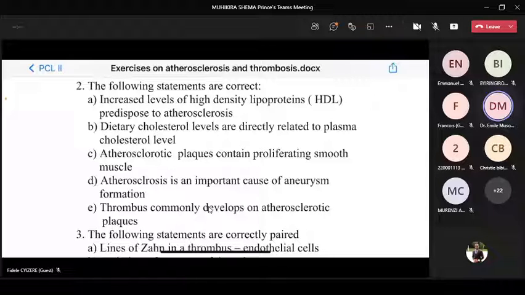Now let us go back to number C. We didn't understand the answer you gave to question number C. So what is a thrombus?